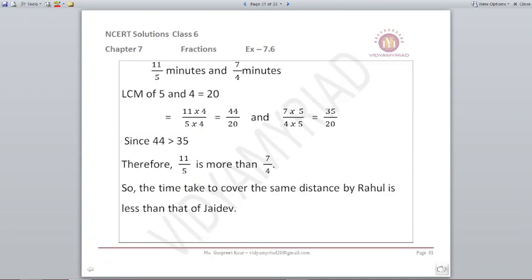So we can take the LCM of 5 and 4, that comes out to be 20. Our new fractions become 44 upon 20 and 35 upon 20, which means 44 is a bigger number and 35 is a smaller number, which means 11 upon 5 is more than 7 upon 4. So the time taken to cover the same distance by Rahul is less than that of Jaydev.